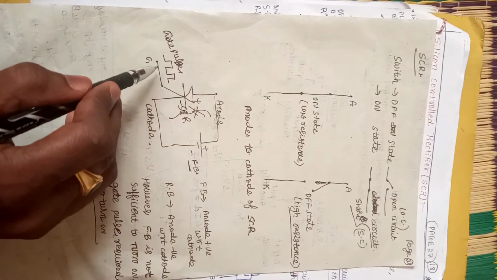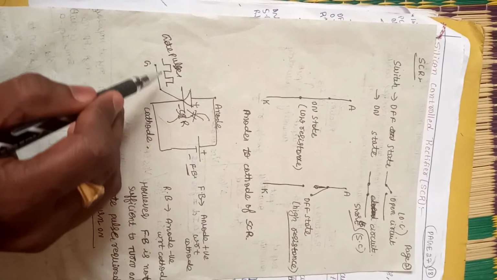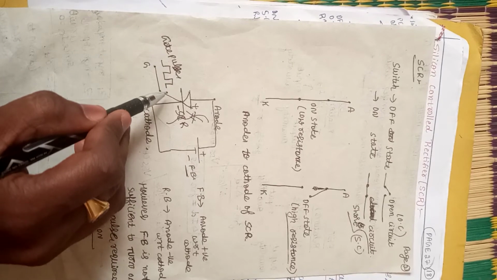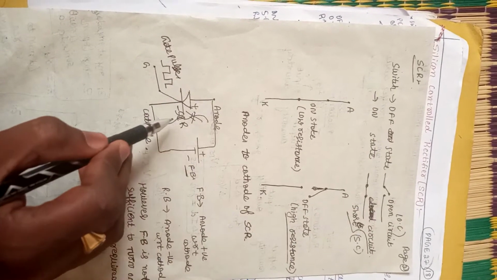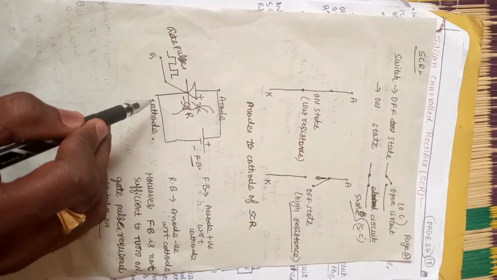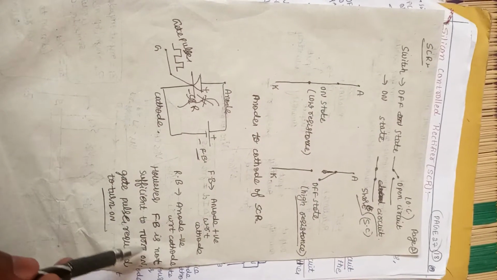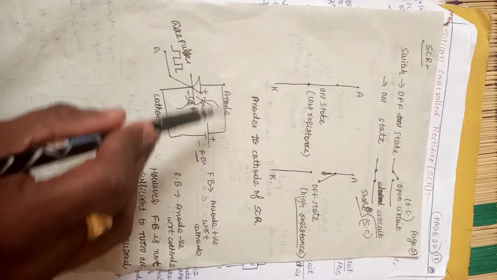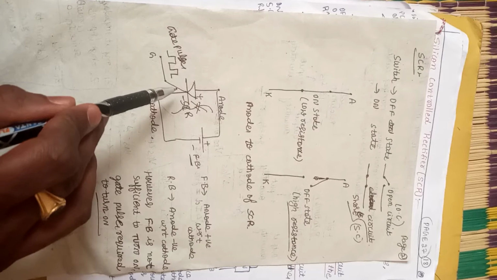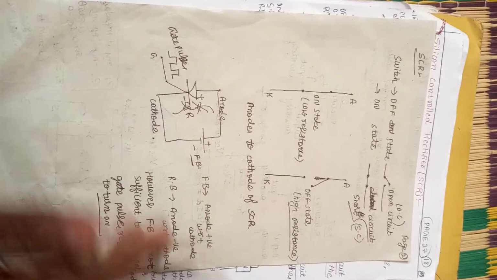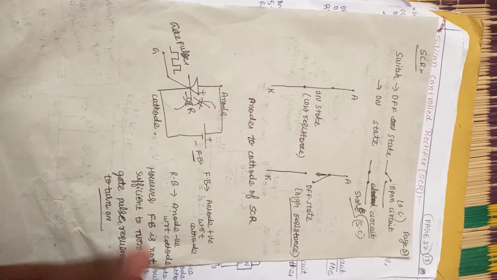Because the gate requires a sufficient magnitude of gate pulse. Then only will the current flow from anode to cathode. Is it clear? Forward bias is not sufficient to turn on the SCR. The gate requires a certain magnitude of pulse to turn on the SCR. This is a very important concept.